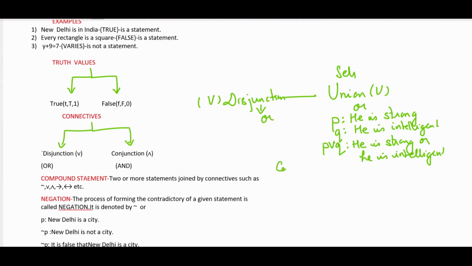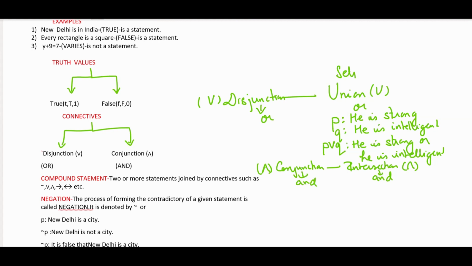Conjunction in this chapter is similar to the intersection of sets. The symbol for intersection is inverted U. Therefore, the symbol for conjunction is inverted V. The word which defines intersection is and. Similarly, the word which defines conjunction is and.